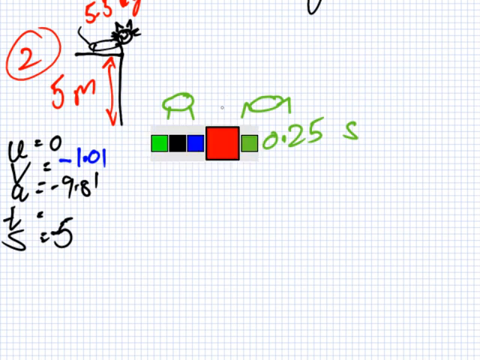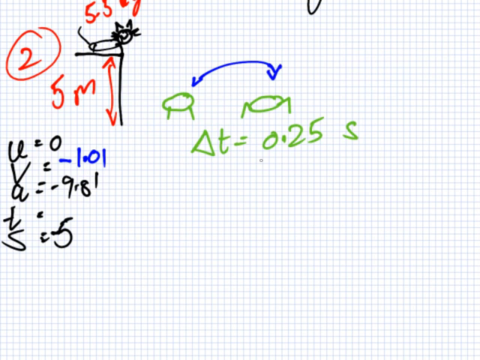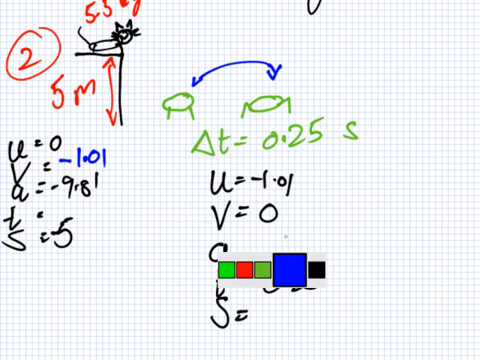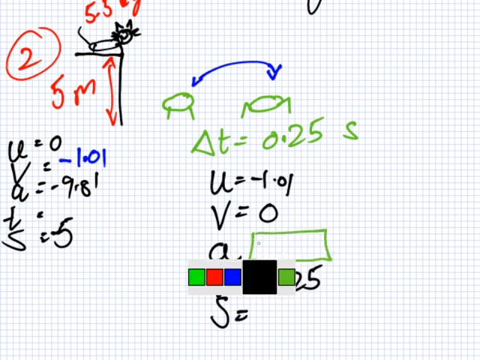So now we look at this part of the journey from here to here. The U is minus 1.01, the V is 0, the A we don't know, the T we do know, and the S we don't know. And I really want to know the A. Did anybody get it?